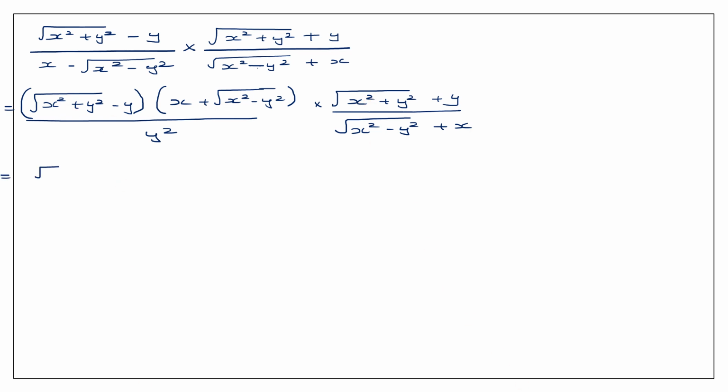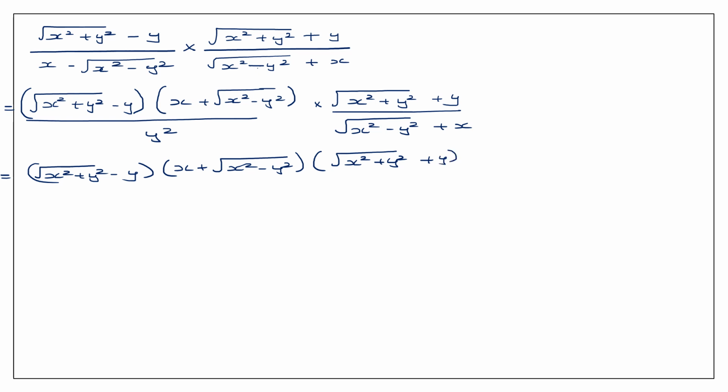We get the root of x square plus y square minus y into x plus the root of x square minus y square into the root of x square plus y square plus y. And in the denominator, what do we have? We have y square into the root of x square minus y square plus x.